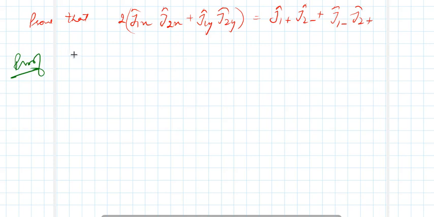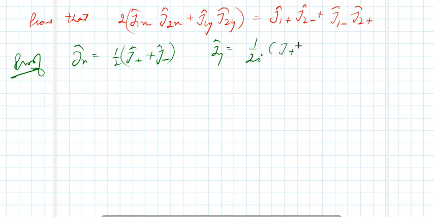As I know, jx is equal to 1 by 2 (j plus plus j minus), and jy is equal to 1 over 2i (j plus minus j minus).